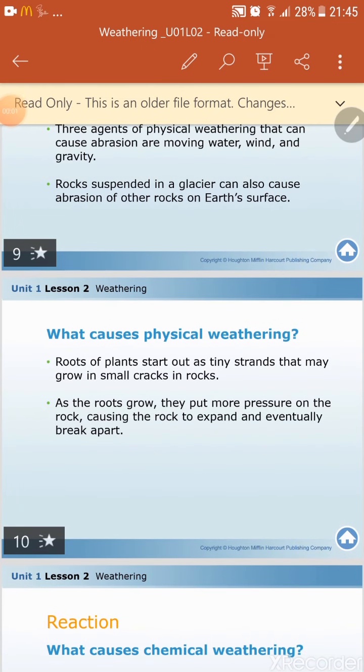Finally, the last agent of physical weathering is the action of the plants. The action of the plants is actually very clear, very easy. It looks exactly like ice wedging. How?